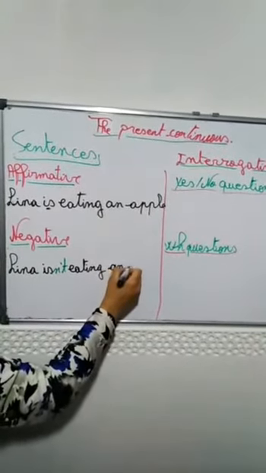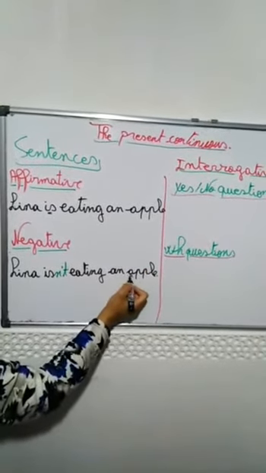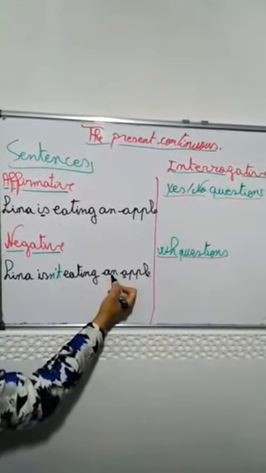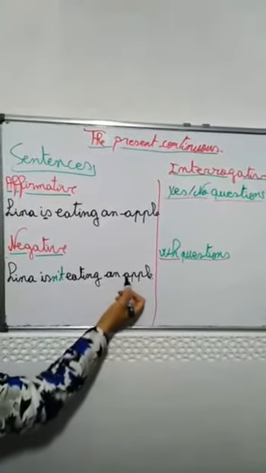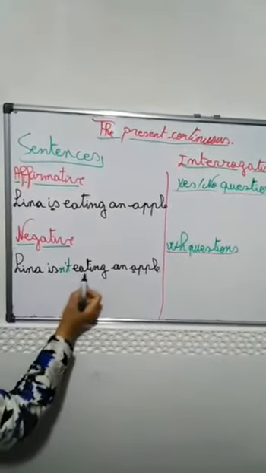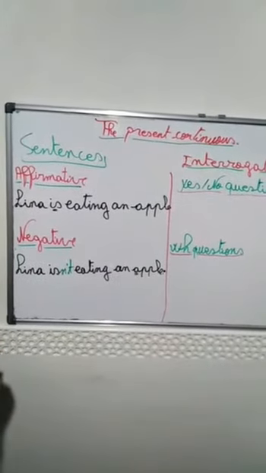Of course, we use the article an because we have a vowel after it, an apple. Is this okay? So Lina isn't eating an apple. Here we have a negative sentence.